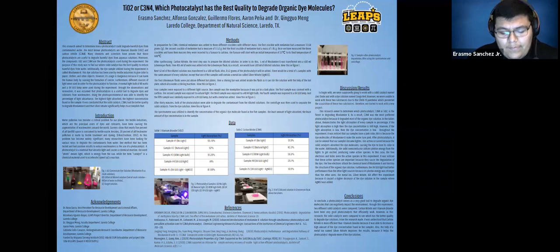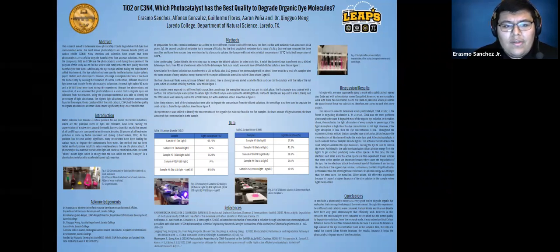So to conclude, a photocatalyst serves as a very good tool to degrade organic dye molecules that can negatively impact the environment. Throughout this experiment, two different solid catalysts were compared. Carbon nitride and titanium dioxide have been very good photocatalysts that effectively work.